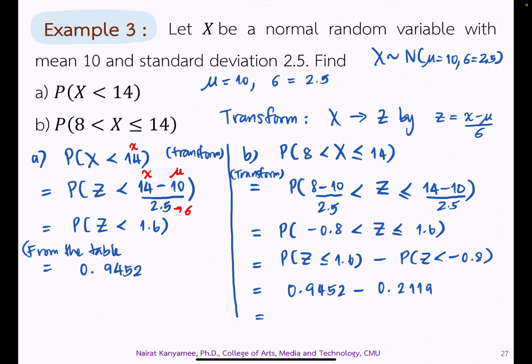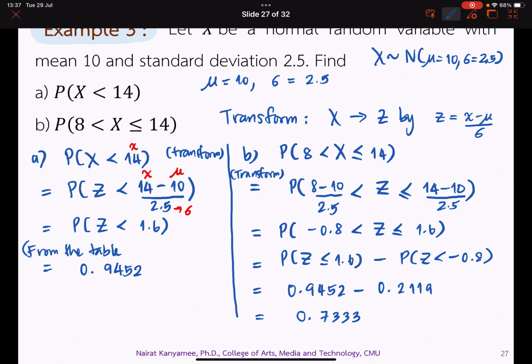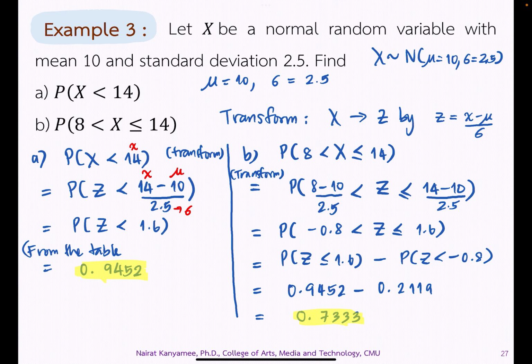Subtract these two values. Remember, probability cannot be negative. If you get a negative value, then there is something wrong in your work. Go check your work. So we get the answer here. Alright, not bad, right? You need to standardize it.